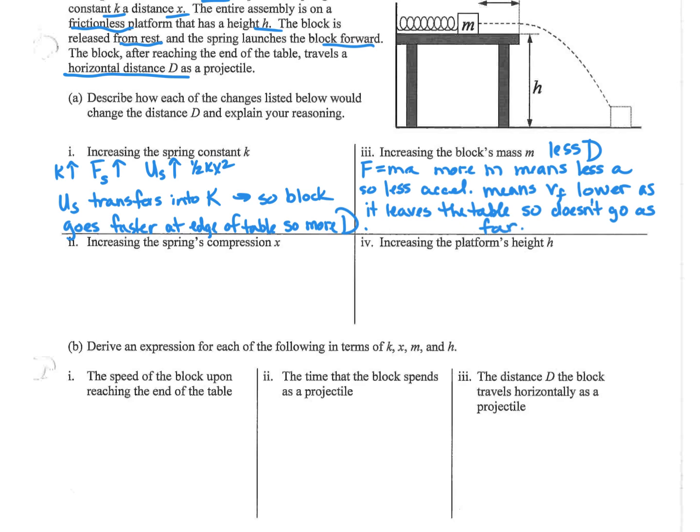Okay, increasing the spring's compression, X. Well, if you squish the spring in more, you're going to have more distance, aren't you? More D, for exactly the same reason as before. And what about the height?